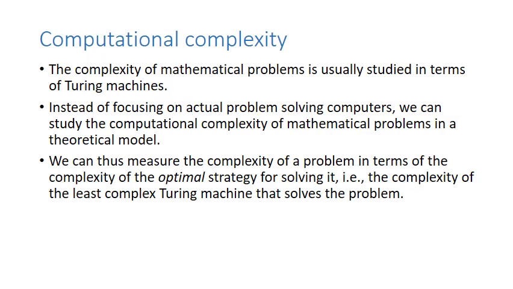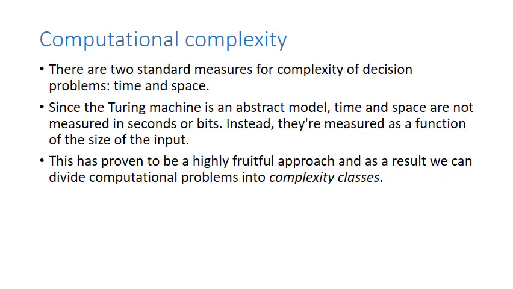Under this approach, we measure the complexity of a problem in terms of the complexity of the optimal strategy for solving it. This means the complexity of the least complex Turing machine that solves the problem. Well, what does optimal strategy mean? There are basically two standard measures for complexity when it comes to decision problems.